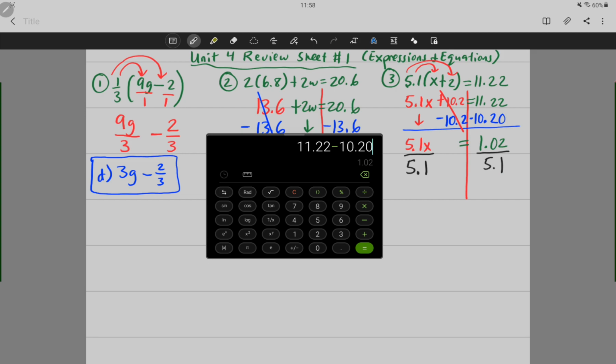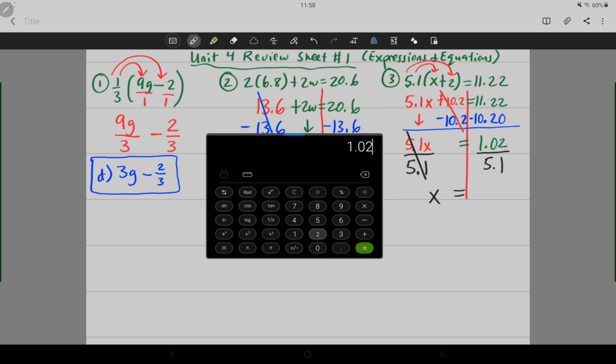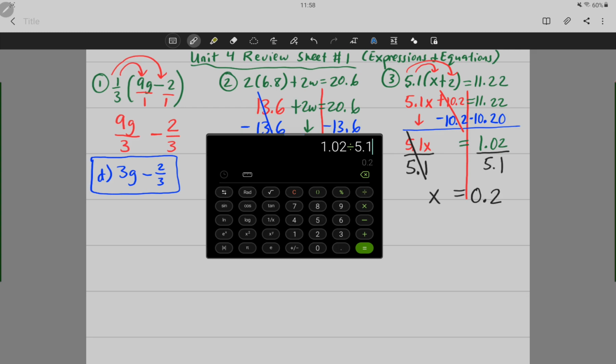So left side 5.1 divided by itself is 1. Just cancel that. Bring down x equals, now 1.02 divided by 5.1 gives us an answer of 0.2, which is choice C. X equals 0.2.